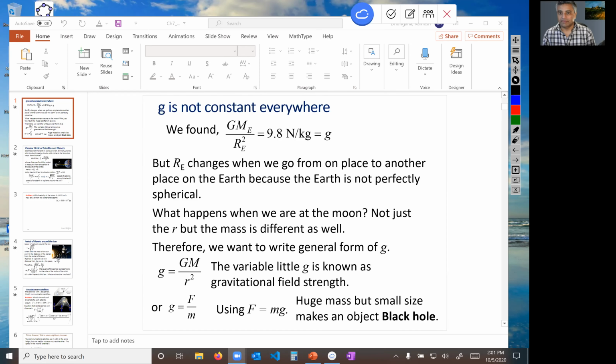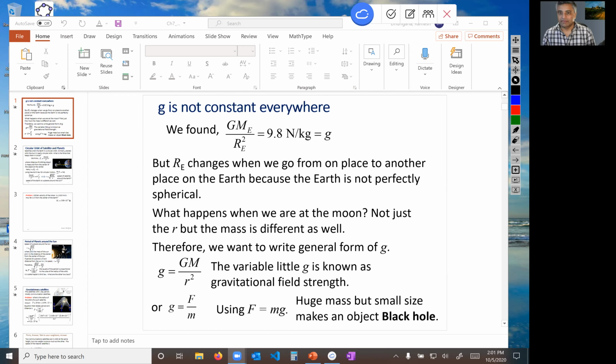But if we go to the moon, what happens? The moon has way smaller mass. That means the value of g becomes really small compared to the value of g here. So on the moon, the value of g is about 1/6 the value of g on the Earth, okay? So Earth is 9.8 meters per second squared, and on the moon it is about 1/6. So when you drop this, it takes a lot longer to reach the moon surface.